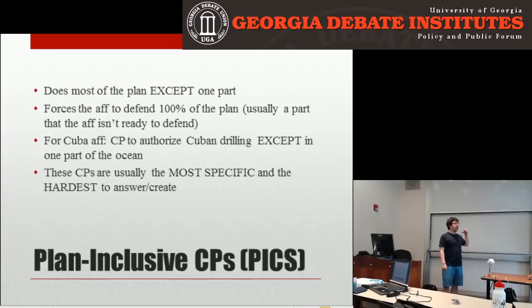And you could say that part of the Gulf of Mexico is a biodiversity hotspot, so we should never drill there. But nothing in the plan text really specifies where the drilling is going to occur, what parts of the Gulf of Mexico. So it becomes questionably competitive, but there's still definitely a good strategy there.